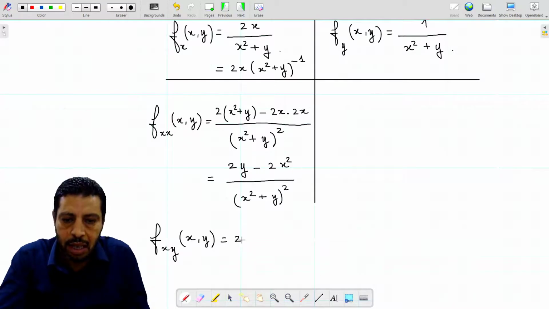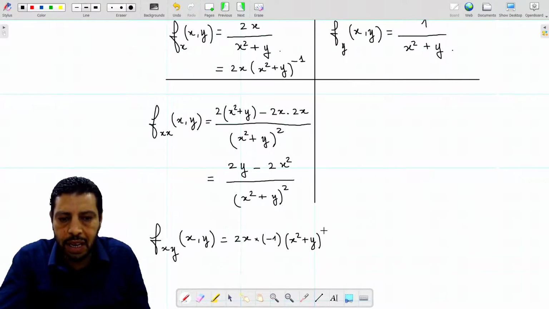So let's write it. It's 2x, and the derivative of x squared plus y to the power of -1 is times -1. The derivative of what's inside with respect to y is 1, so we don't need to write it, and then it's times x squared plus y to the power of -2, and here we use the power rule.